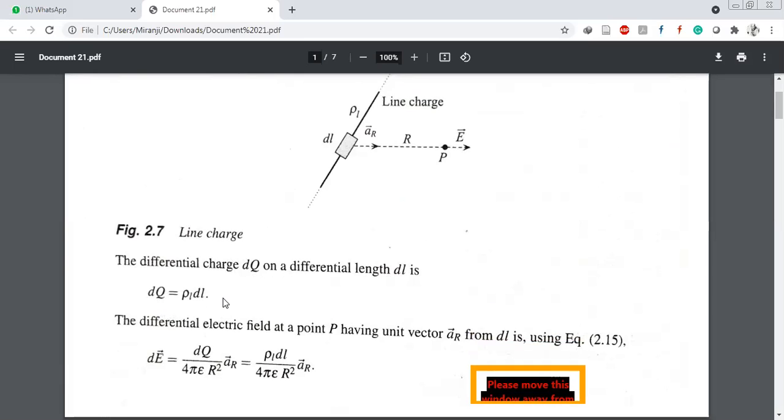Generally, q equal to rho l. What is meant by density?